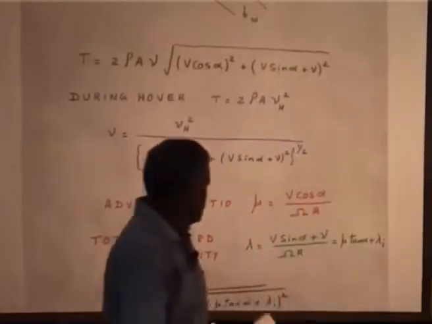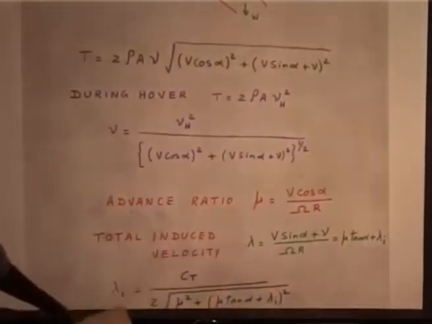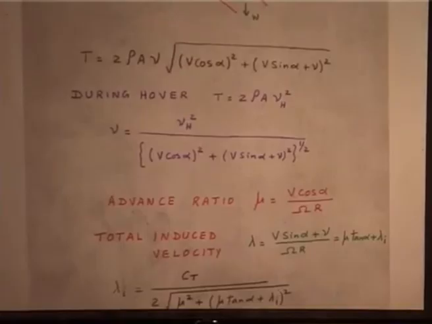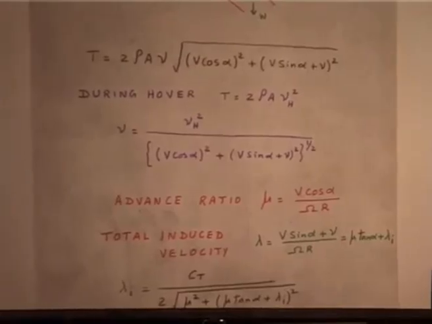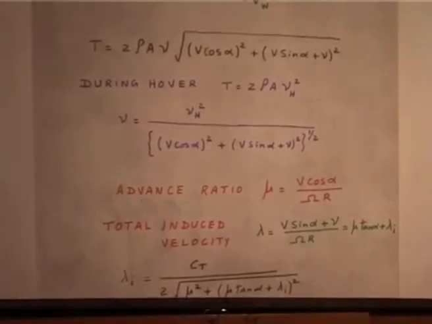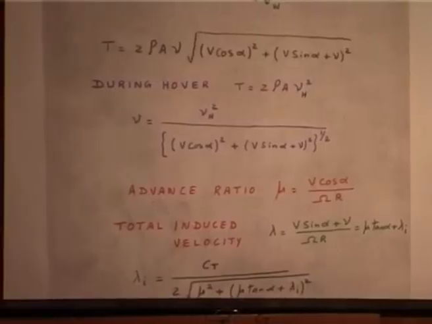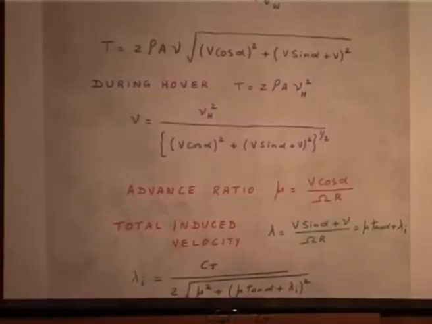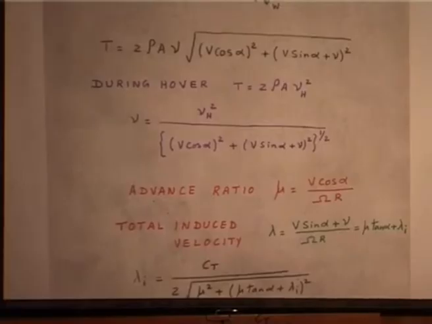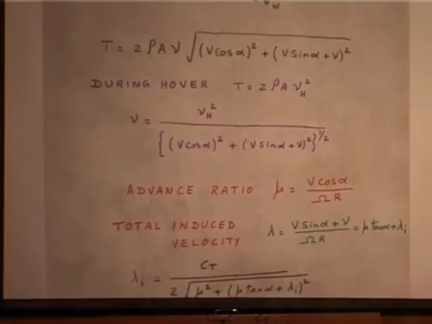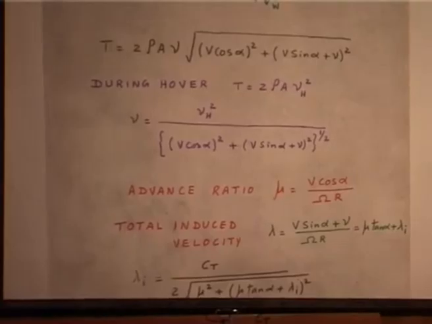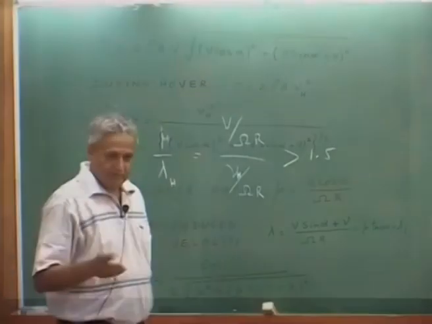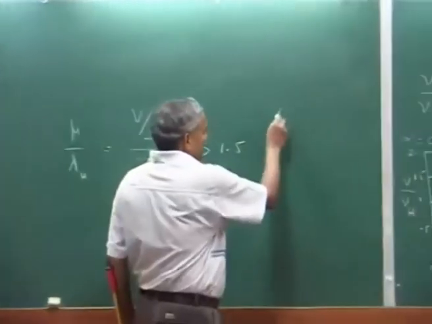Okay, we took it, the velocity in the disk divided by tip speed. Now, for what non-dimensional value you can make the assumption that the rotor acts like a wing? Usually lambda h is the hover inflow.